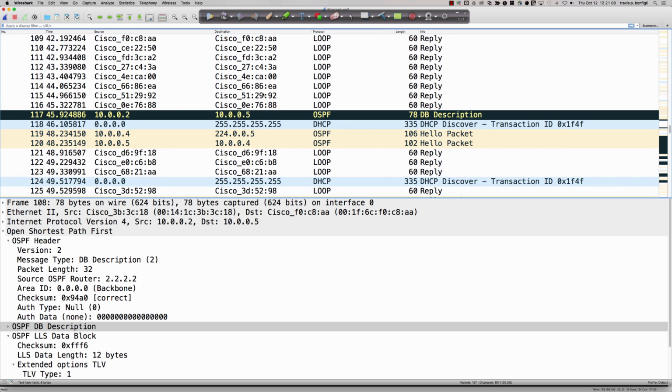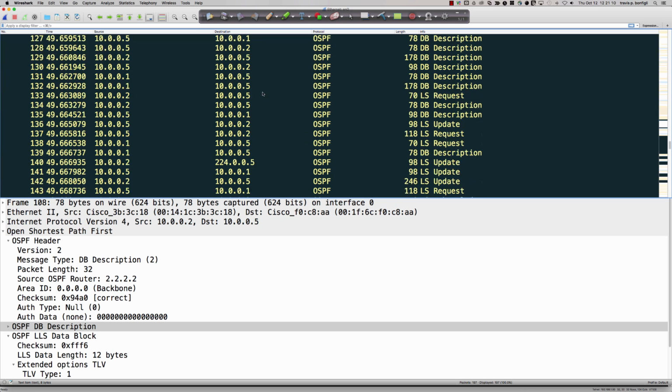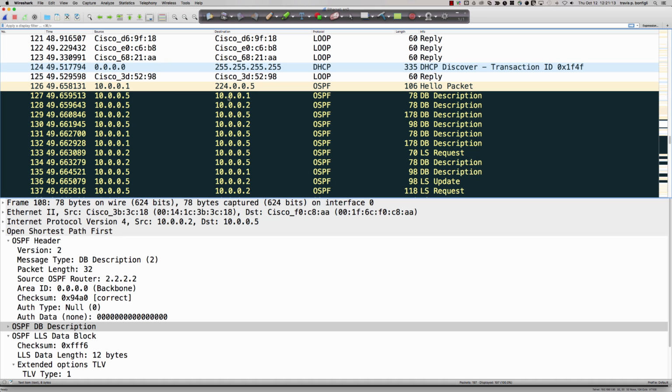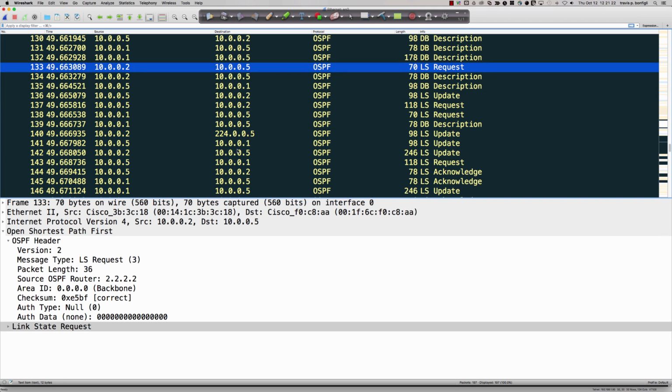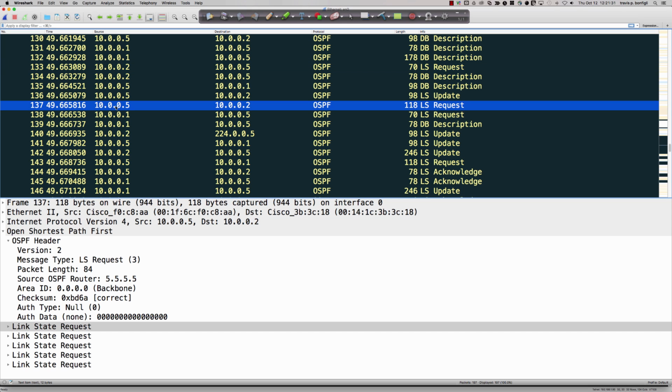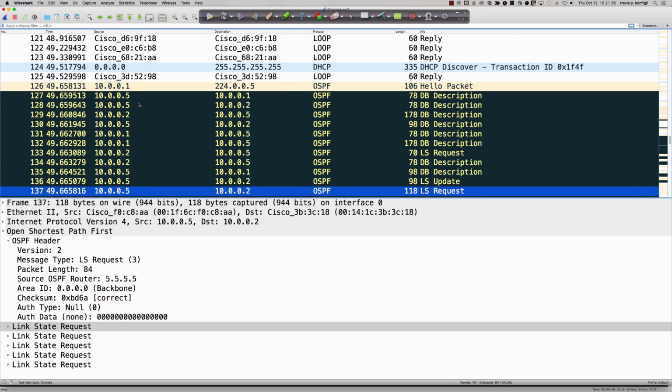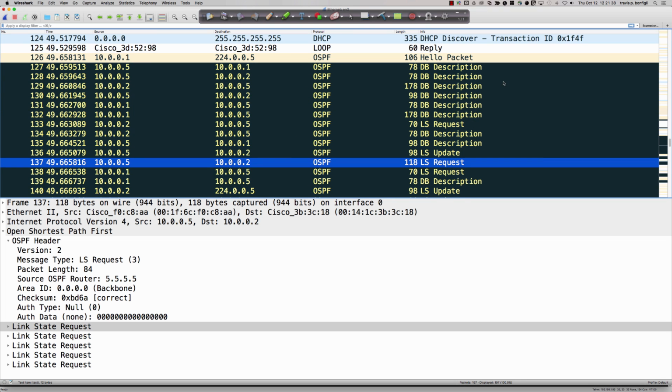You can see 2 sends a database descriptor packet, does it again, and then 5 sends his out to 1, to 2, 2 sends his to 5, and these are all these database description packets. But who does the link state request go to? The link state request goes to 5, right? And then 5 sends a link state request back to 2. So at this point, the DR-BDR election is already sorted out before we get to the database description packets, right?